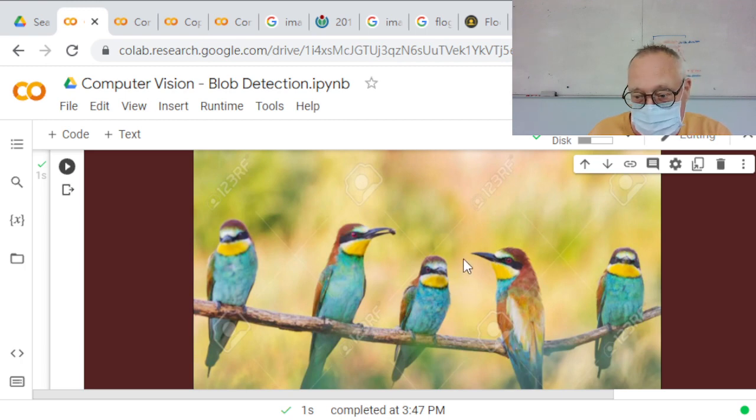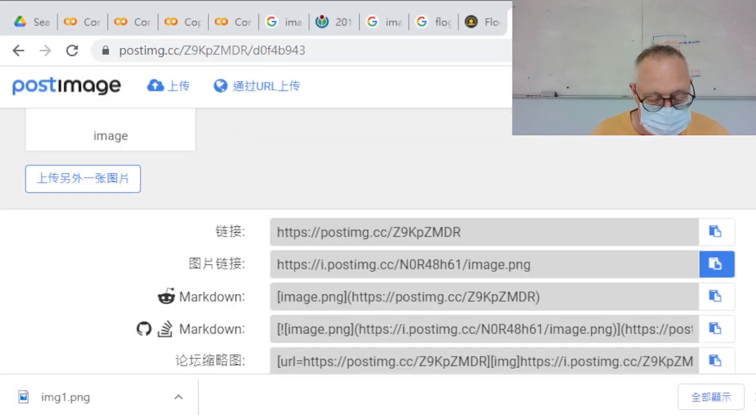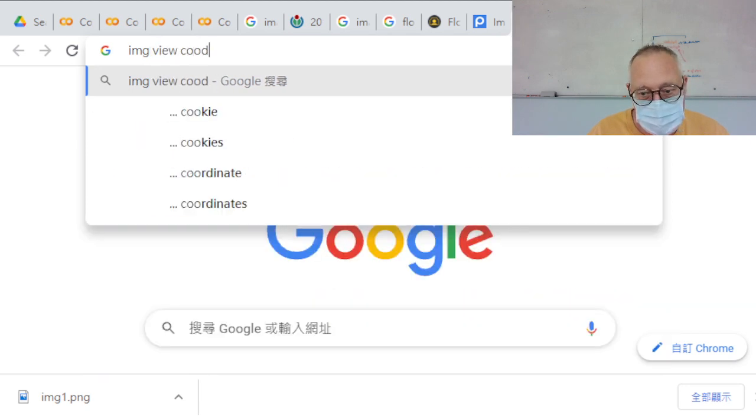Segment this one. And now I need to read the coordinates. Image view coordinates.